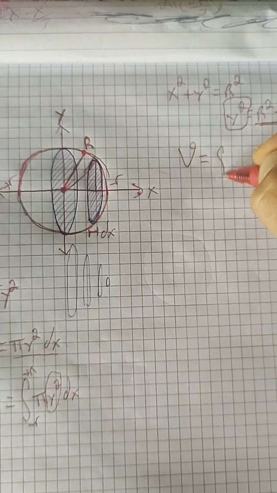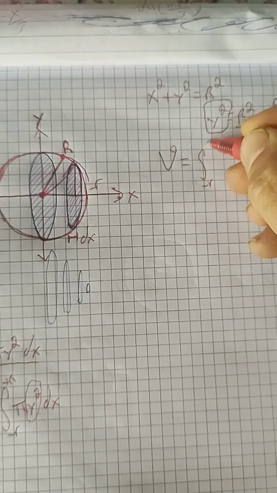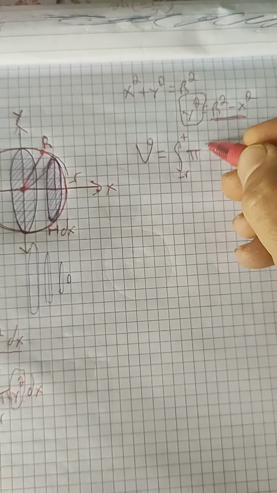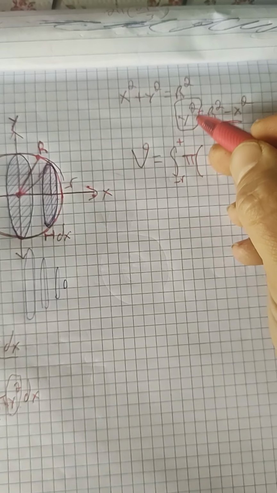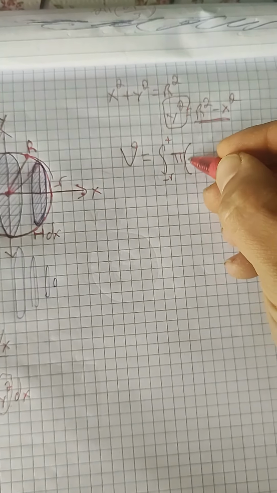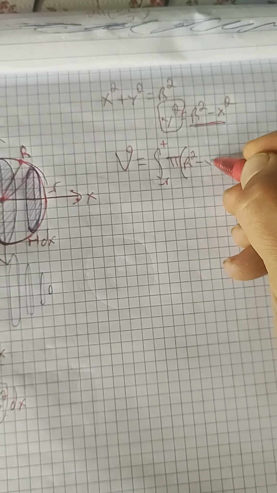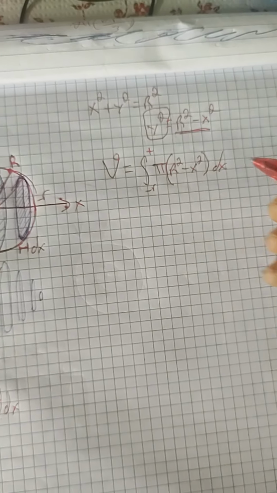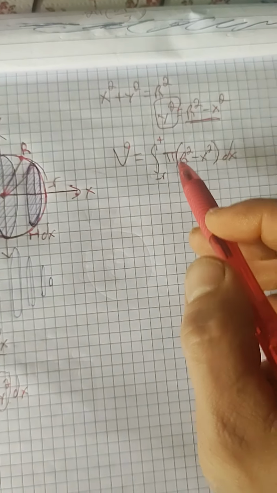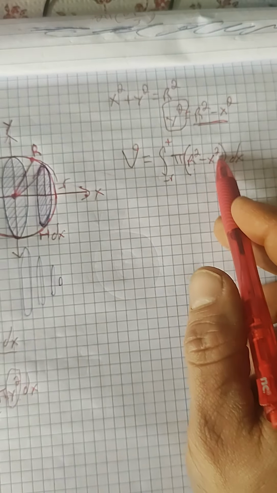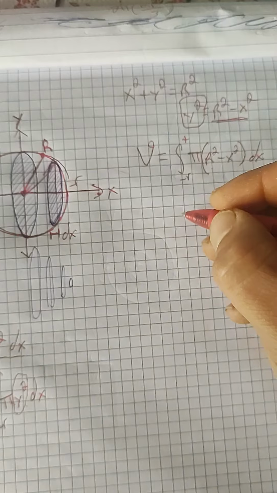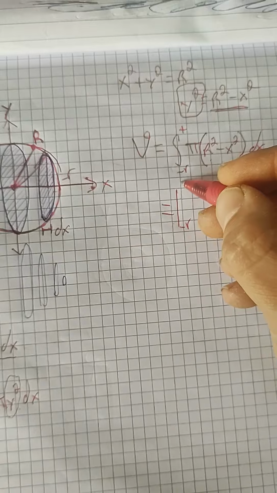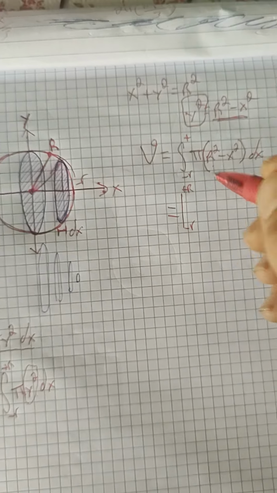So we take the integral from minus r to positive r of pi times, instead of y squared, in terms of r and x, r squared minus x squared dx. Now to evaluate this integral, we take the antiderivative of these two terms, from minus r to positive r.